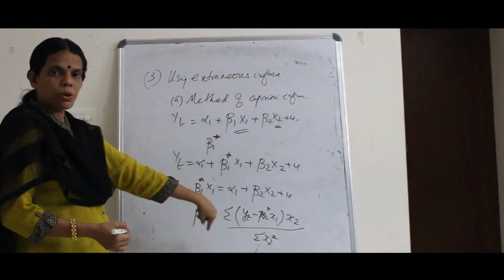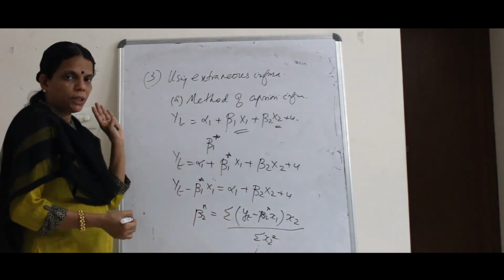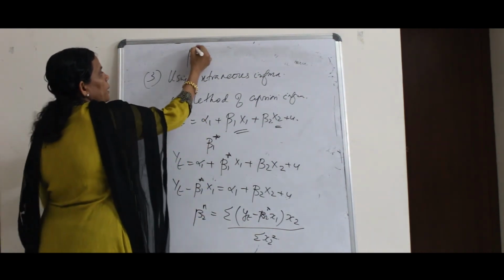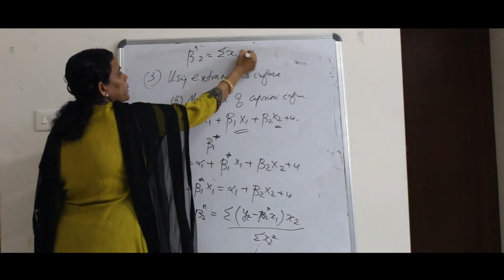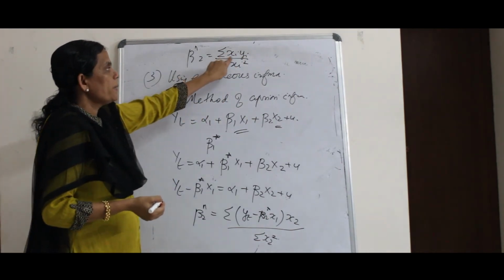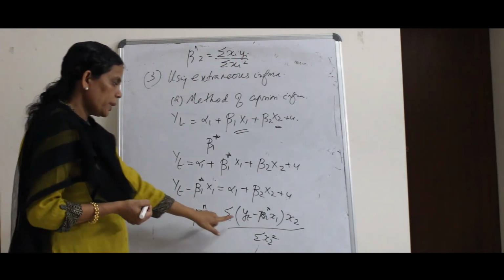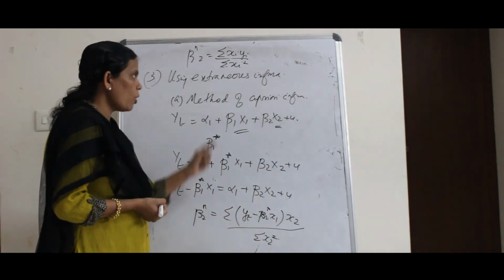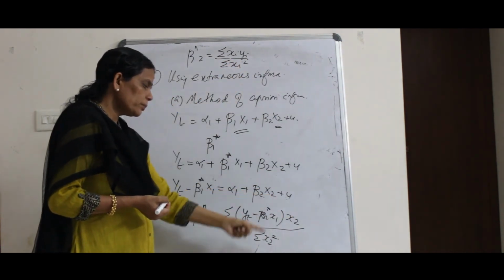I hope you got how you solve this result. We have studied this already. So beta 2 hat, what is the formula? The formula for beta 2 hat is sigma xi yi divided by sigma xi square in deviation form: sigma dependent variable times independent variable divided by sigma independent variable squared.